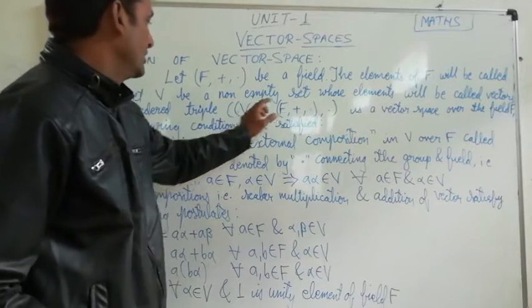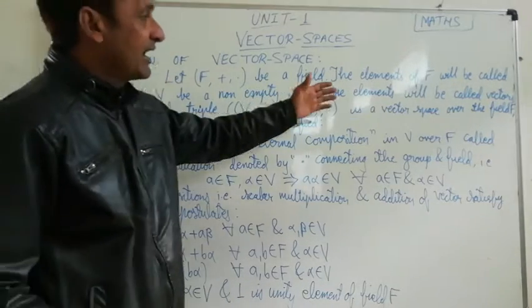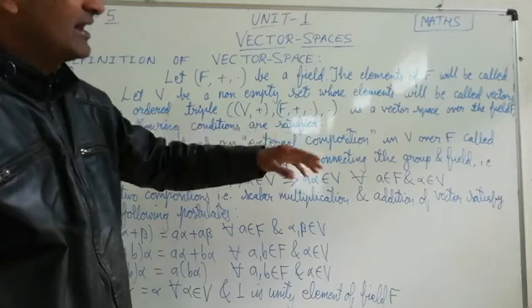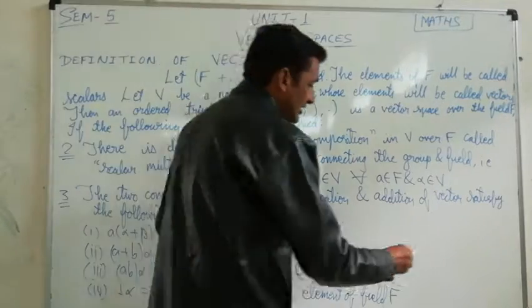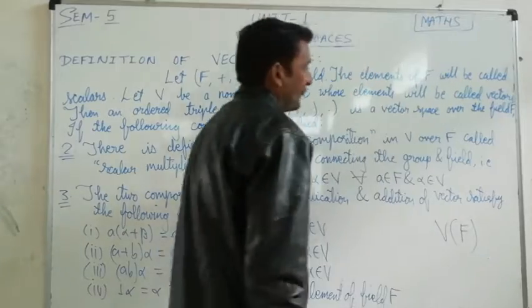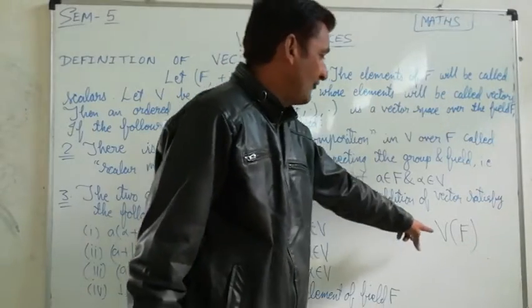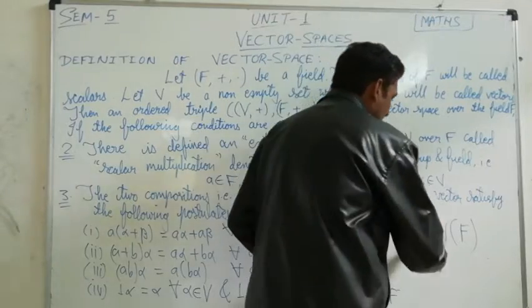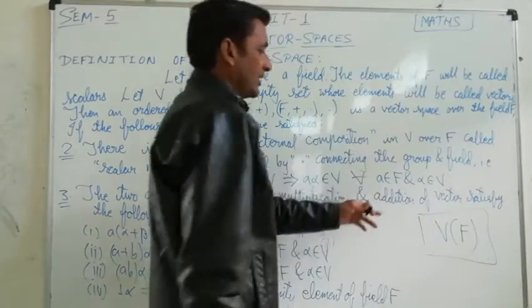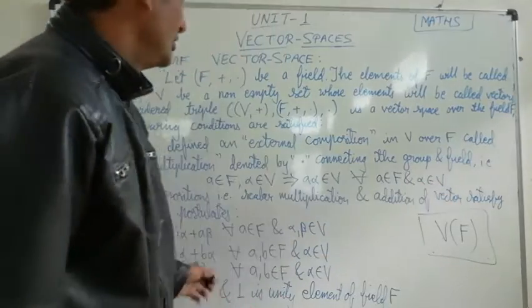We can write a vector space over the field in this manner also, V and then in bracket F. A vector space over the field F can be represented by this notation also, V(F).